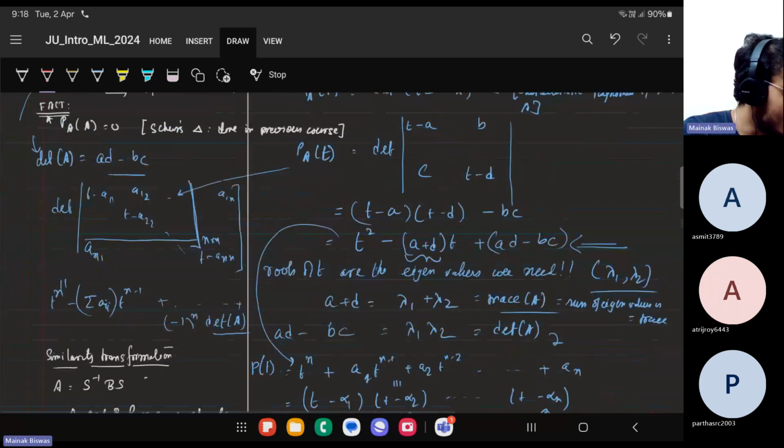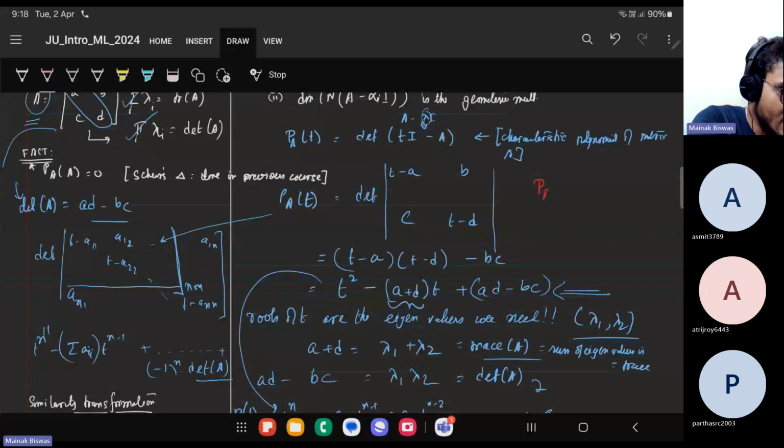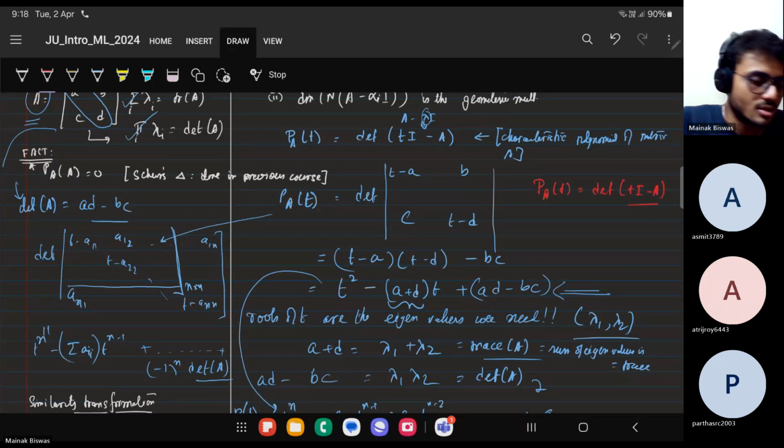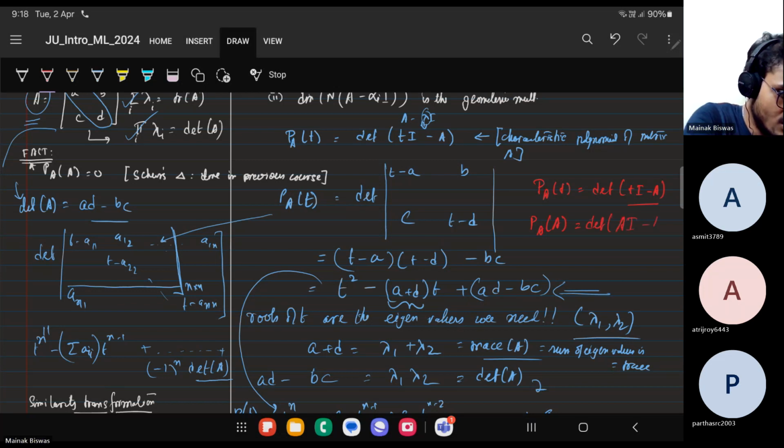Just a point to remember. So you see, p_A of t is the determinant of tI minus A. Intuitively you can think p_A of A is the determinant of tI minus A with t replaced by A, and this is 0.